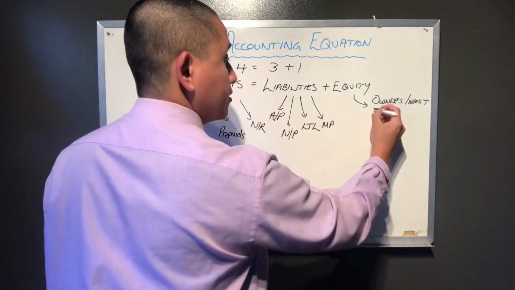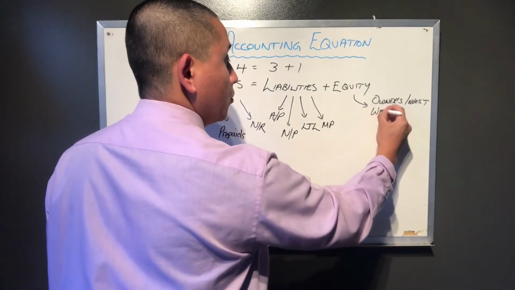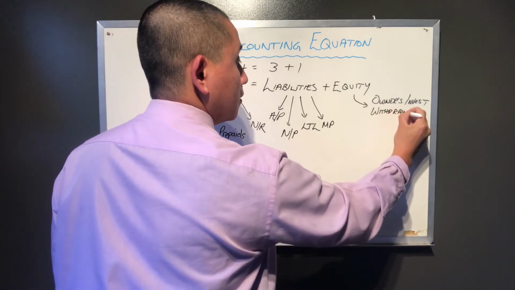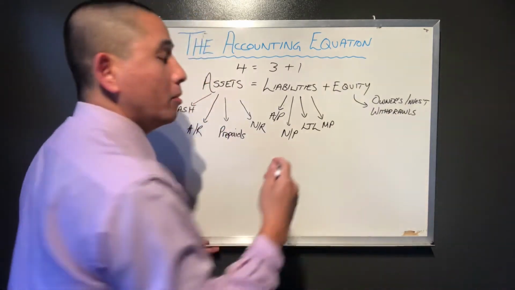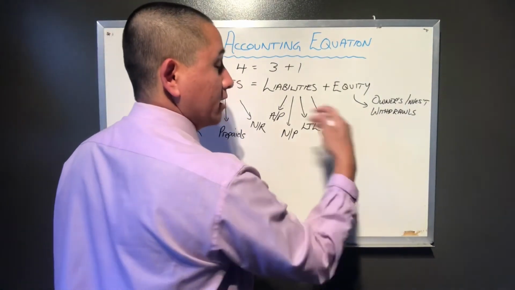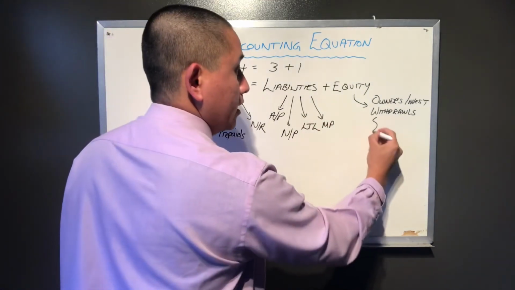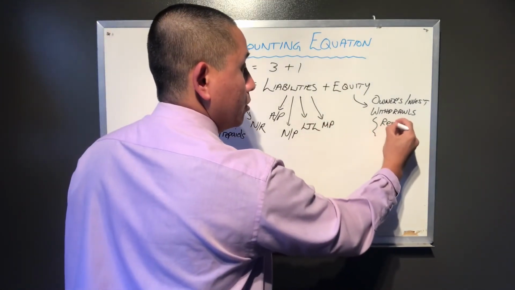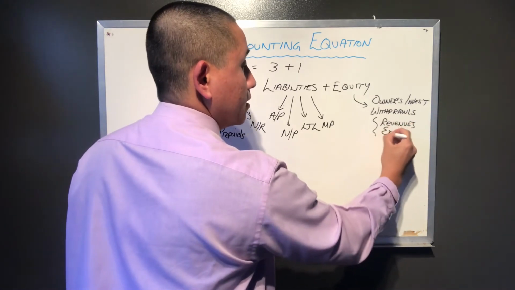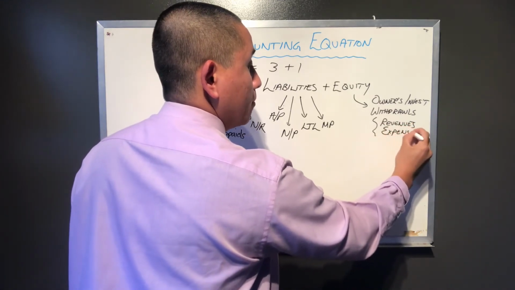So anytime that you're taking out money, those can be withdrawals. And then there's a component where you have to account for such things as components of the income statement, where it would be revenues and expenses. And those will be in its own tutorial by itself.